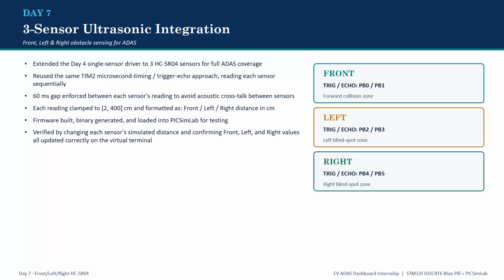Each reading gets clamped into the valid 2 to 400 centimeter range. After generating the firmware and loading it into Pixim Lab, I tested by changing each sensor's simulated distance and confirmed. And we printed the front, left, and right distance simultaneously on the virtual terminal in Pixim Lab.